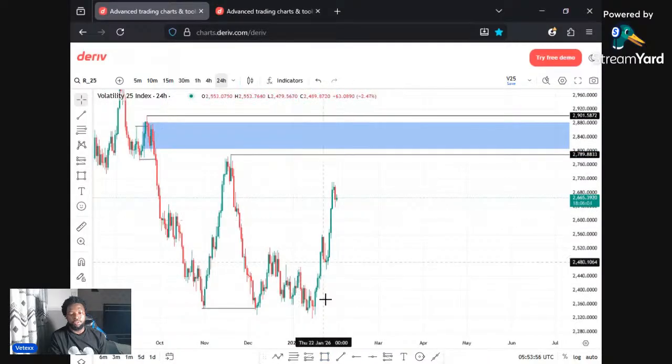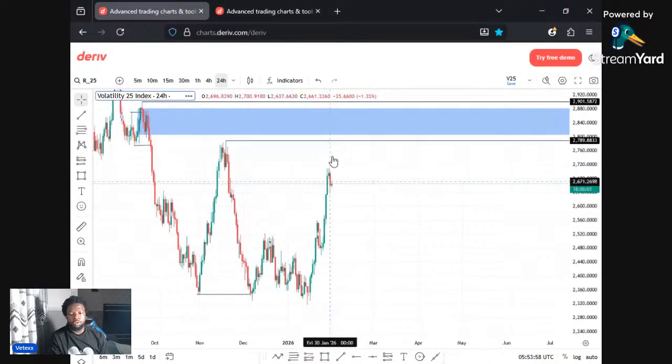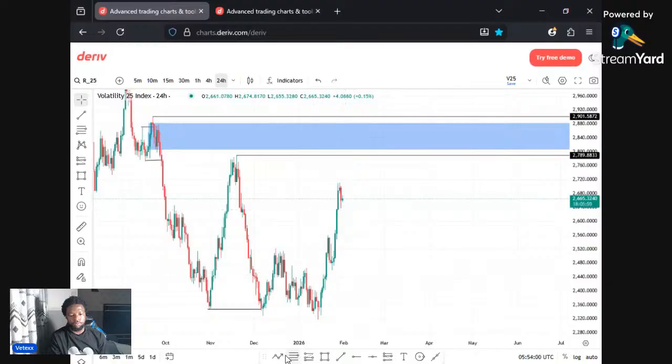So price is expected to tap into this zone on the 24-hour time frame and give us a continuation on the 4-hour time frame.